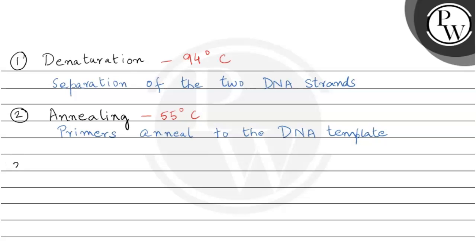Now the third step in this process is extension or synthesis step. So this step takes place at a temperature of 72 degrees centigrade.